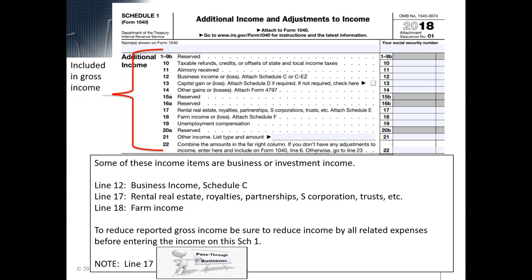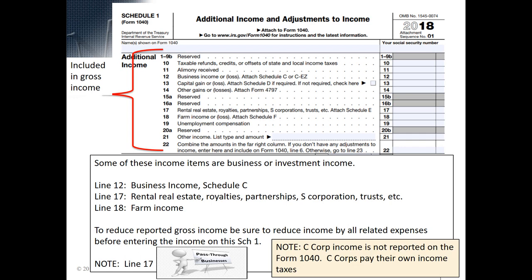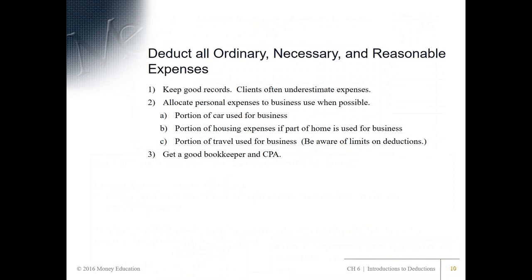These are pass-through entities, and we have defined that as businesses who do not pay their own income taxes. Rather, the income is reported on the owner's tax return, and there you're going to report it on line 17. They show S corporations on line 17, but not C corporations, and just remember that C corporation income is not reported on the Form 1040. C corporations pay their own income taxes.